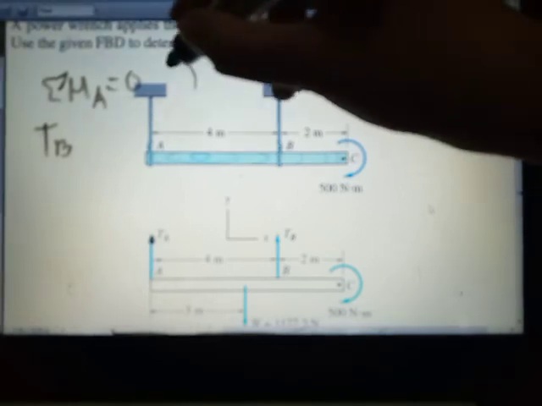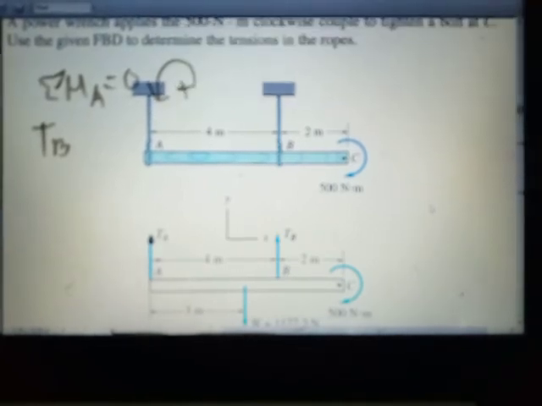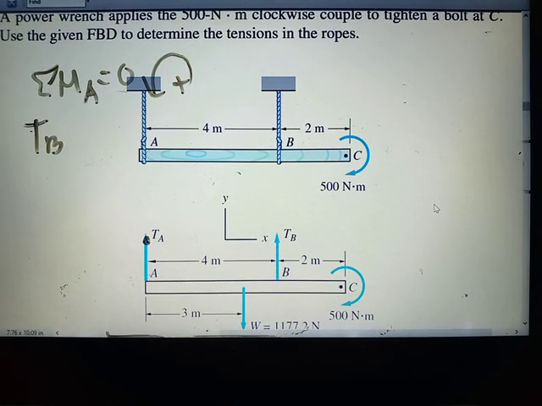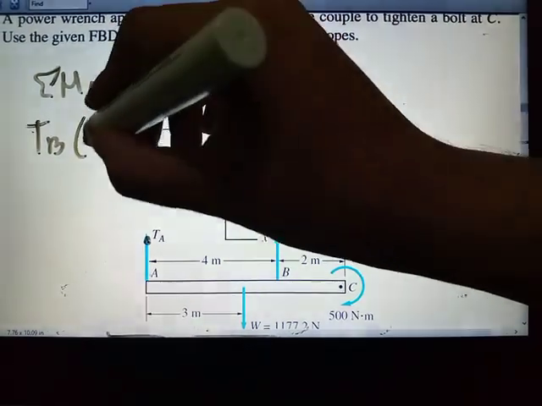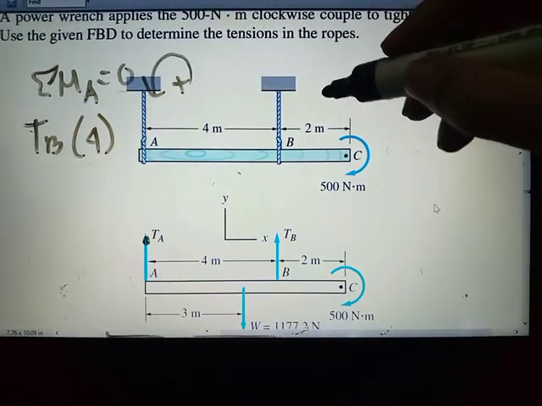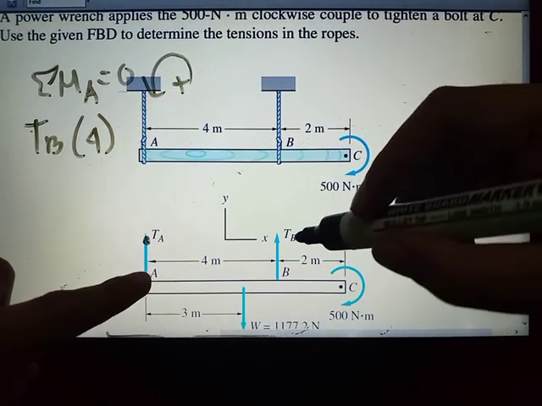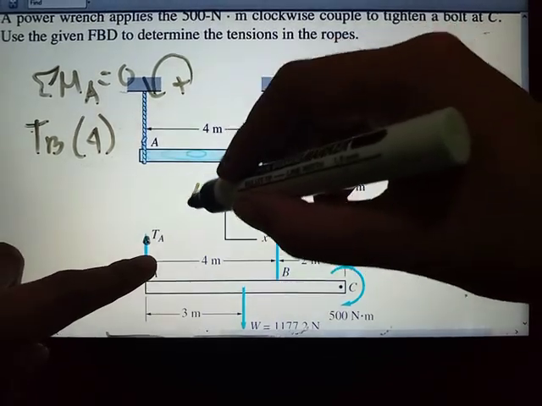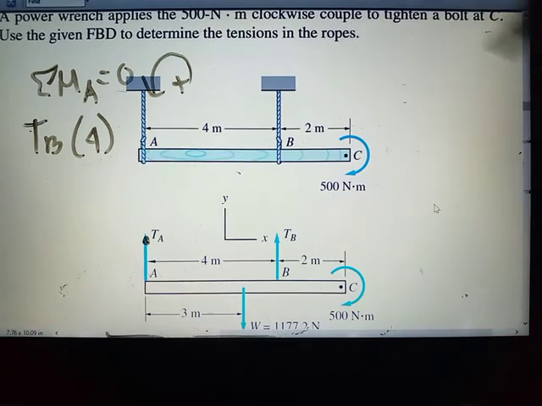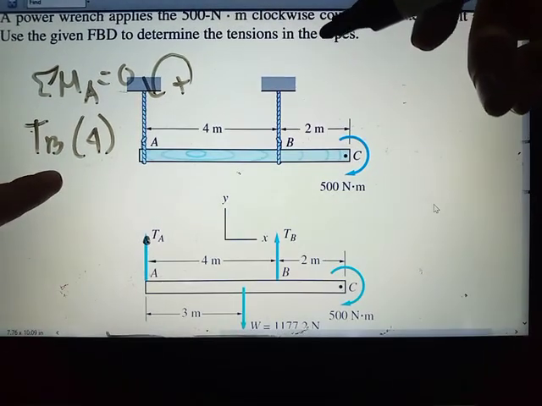So we have TB multiplied by 4, because TB, relative to A, rotates counterclockwise, so it is positive. So TB times 4.